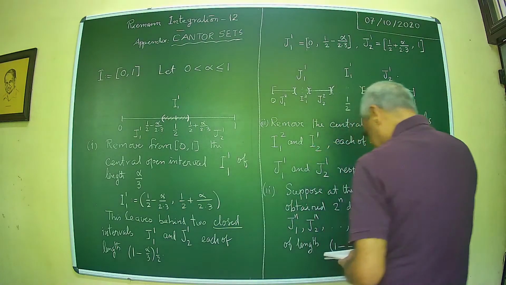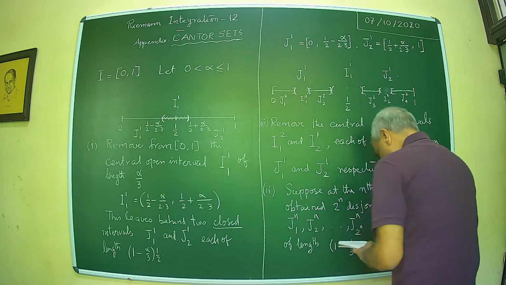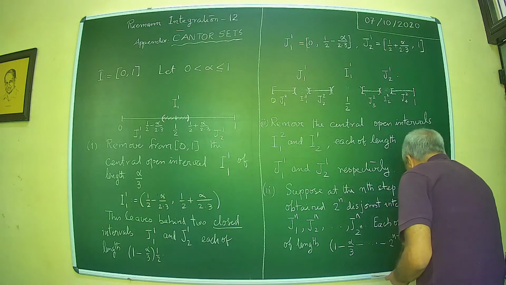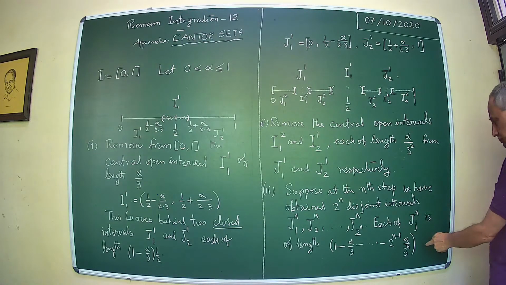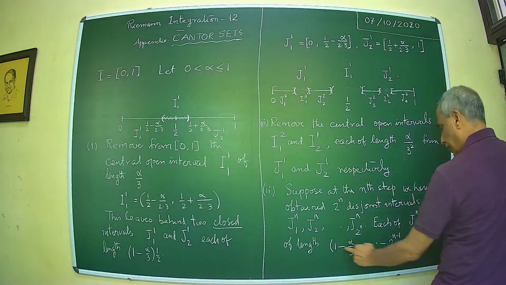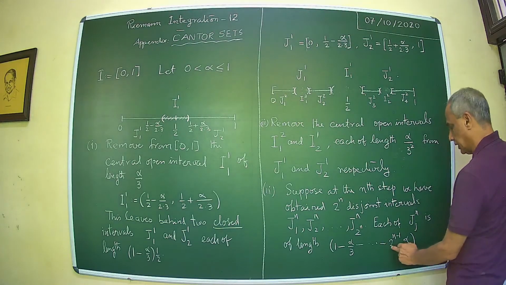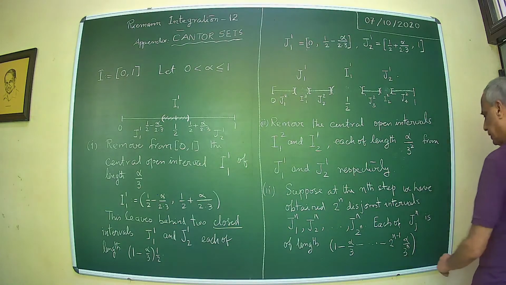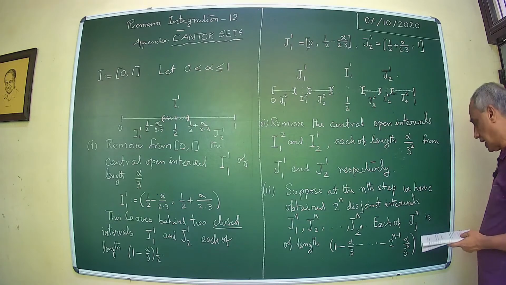That's the first stage you have removed, and then the next stage you have removed, etc. And eventually you have removed 2 to the power n minus 1 alpha by 3 to the power n. This is what you get. So that when n is equal to 1, you get 1 minus alpha by 3. When n is equal to 2, you get alpha by 9 here, and you get 2 into alpha by 9.